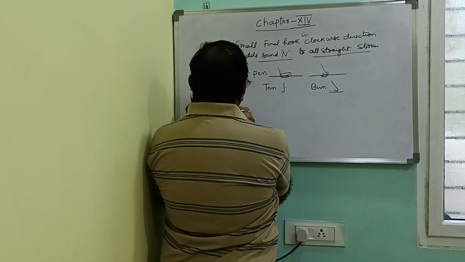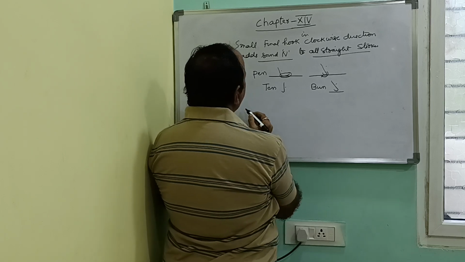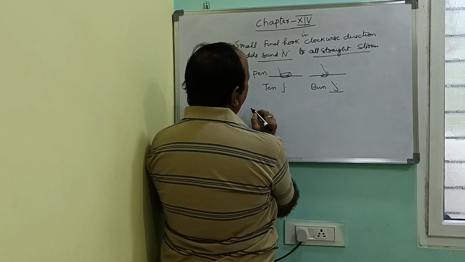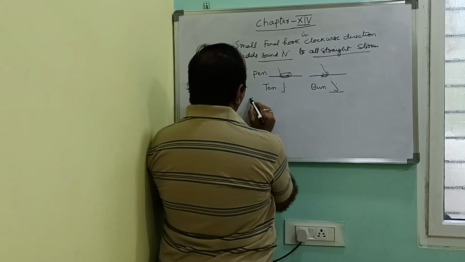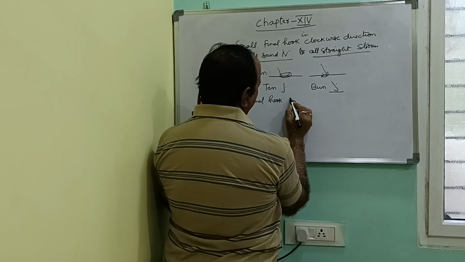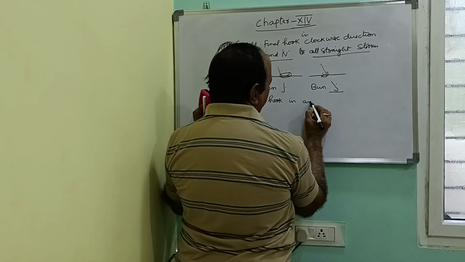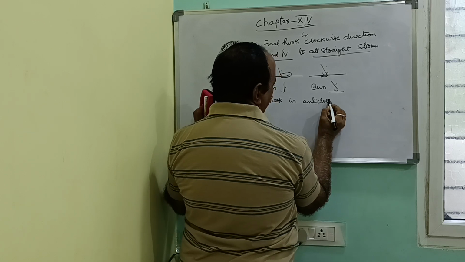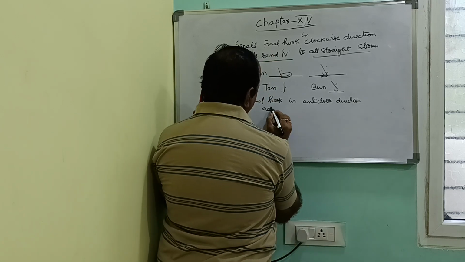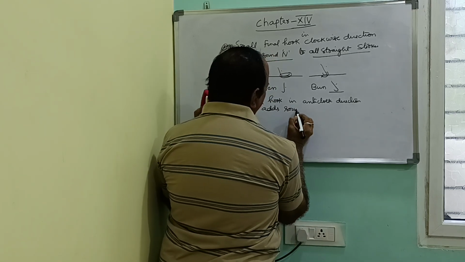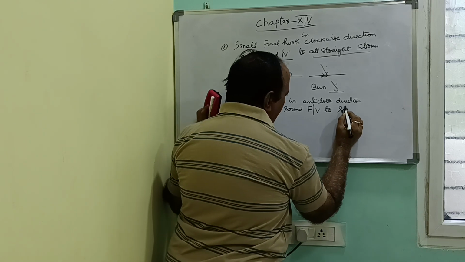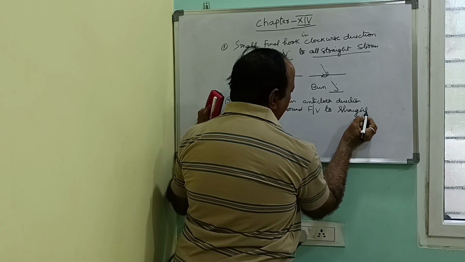Then, how can the F hook be written? The N hook you write like this, a small final hook in clockwise direction. The F hook is a small final hook in anti-clock direction. It adds the sound F or V to all the straight strokes.